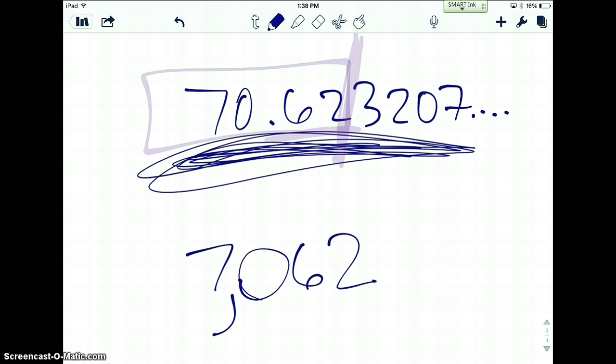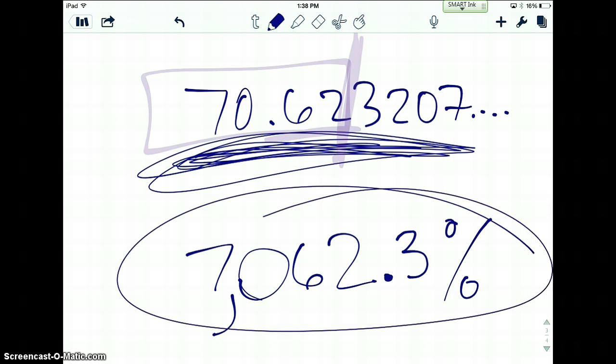That's 7,062 point, if I wanted to be exact, 3207 blah blah blah percent. Wow. It went up by about 7,000%. Yeah, that's a lot, you guys, because we started out at 1790.